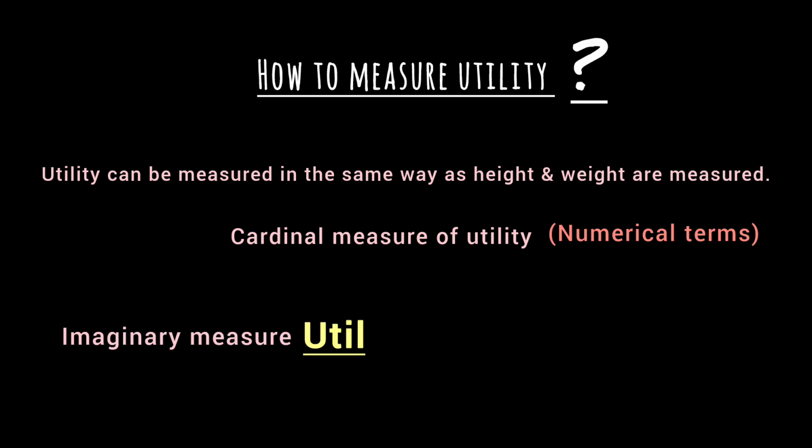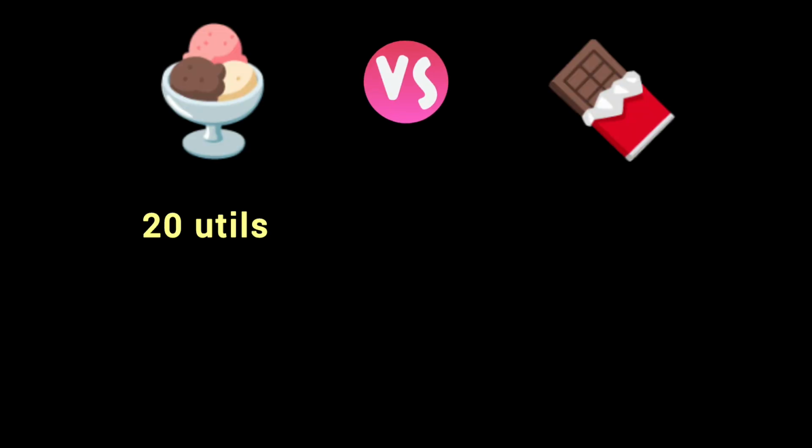Utils are the imaginary and psychological unit used to measure satisfaction obtained from the consumption of a certain quantity of a commodity. Suppose you have just eaten an ice cream and a chocolate, and you agree to assign 20 utils as the utility derived from the ice cream. The question is how many utils should be assigned to the chocolate?